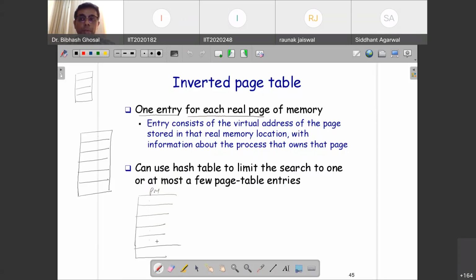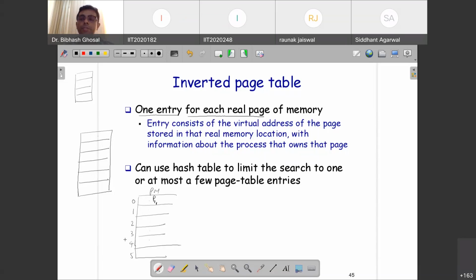The problem is that if you are maintaining the frame information, the frames can belong to different processes. Suppose this is frame number 0, frame number 1, frame number 2, frame number 3, frame number 4, frame number 5. What does frame number 0 contain? It contains the first page of process 1.